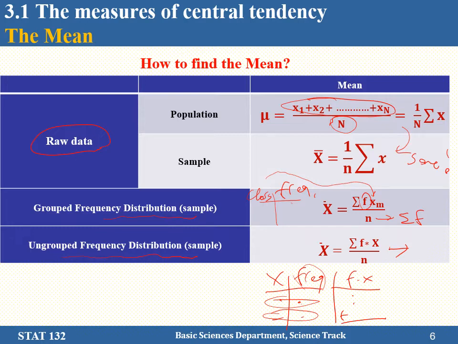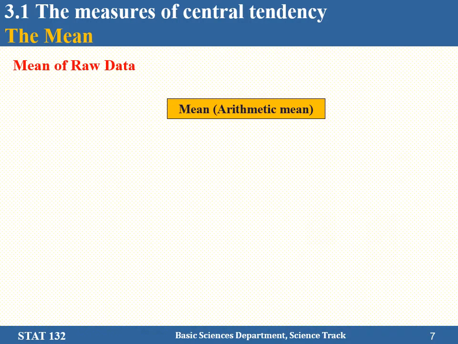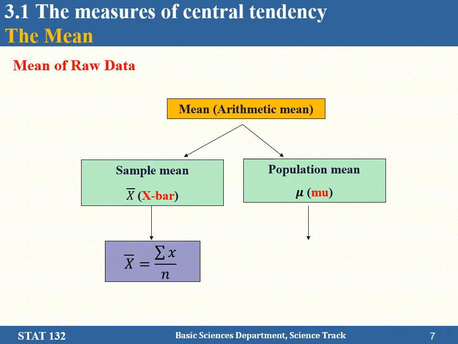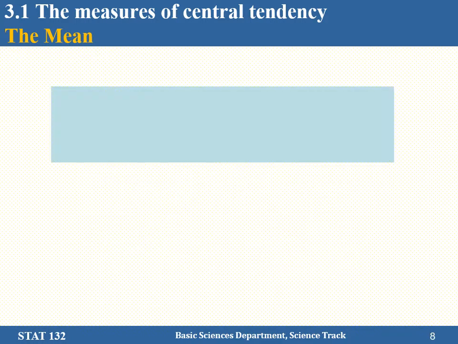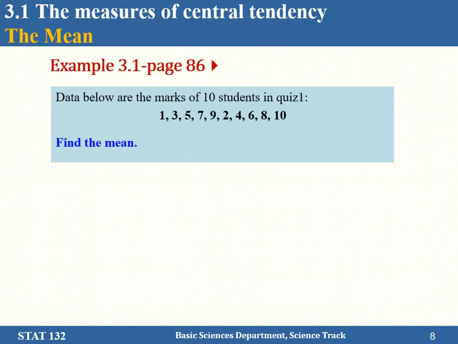Now we'll get used to the formulas from the example. Now the mean of raw data from the sample or from the population, we have the same formula. The sum of all data divided by the number of data. So let's look at this question here. Data below are the marks of 10 students in quiz 1, find the mean. So this is raw data here.